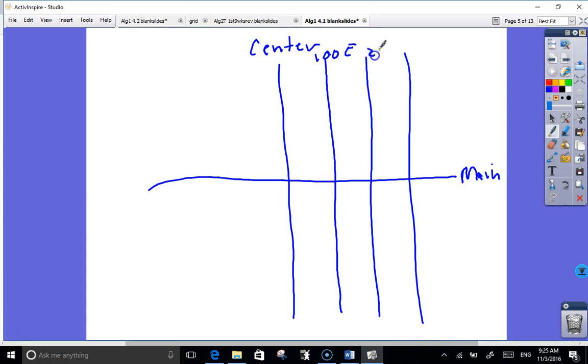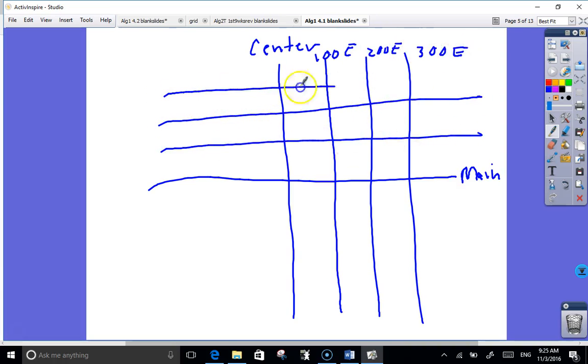This is called 200 East. This one is called 300 East. Then these streets, this is called 100 North. This is 200 North. This is 300 North, right? And it goes all directions like that.